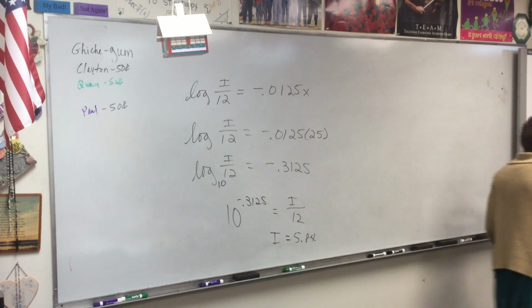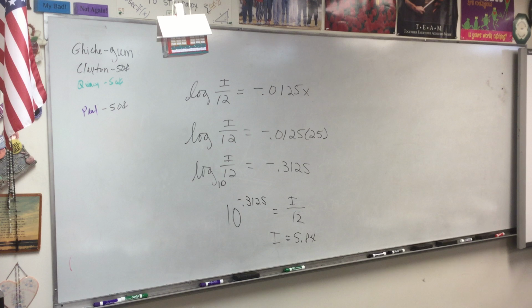How do we decide? What's PV stand for? Present value. What does FV stand for? Future value. So when I make payments, there are 2 reasons I would be making payments.